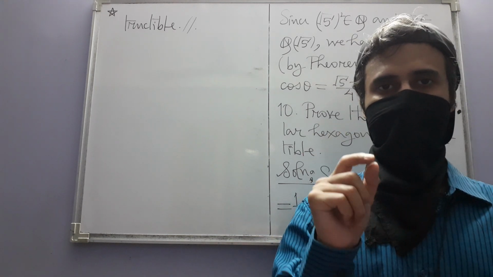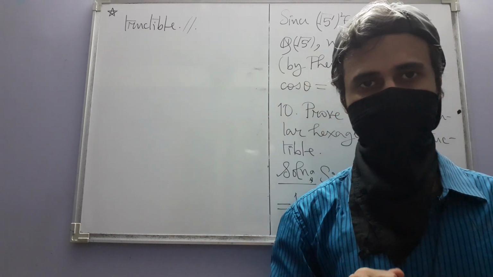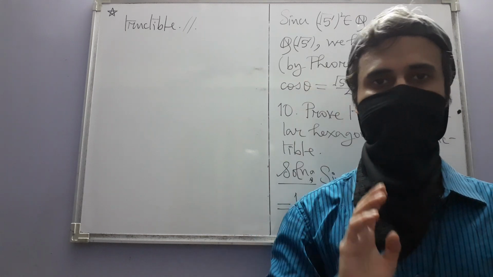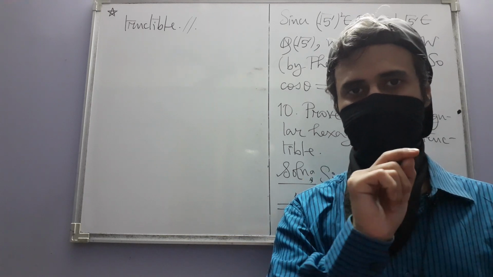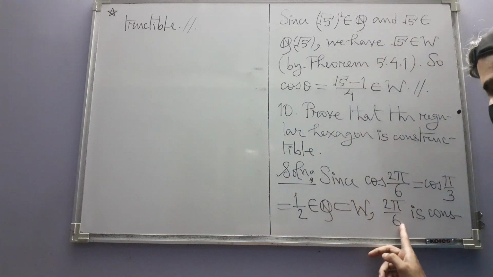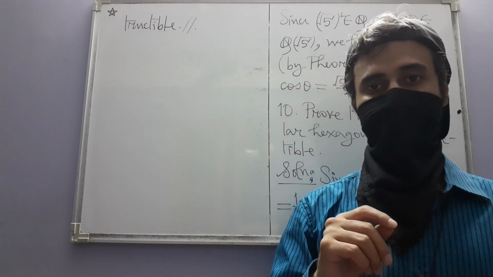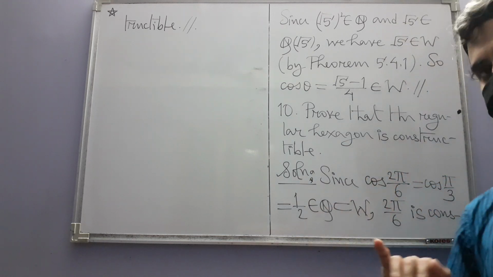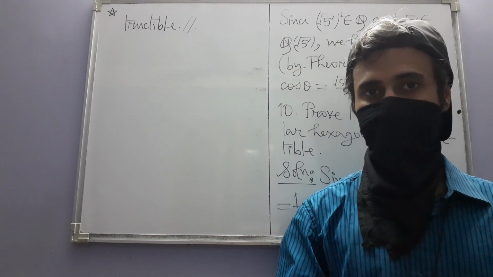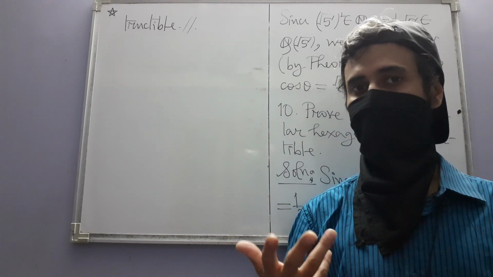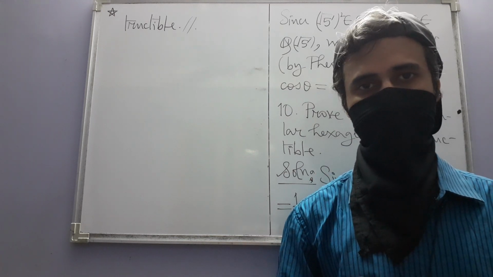So you can imagine that those lines are emanating from the central point of the hexagon and meeting all the vertices of the hexagon. So each internal angle that you get is 2 pi over 6, because all of them will be equal. Now we have proved that that angle is constructible. So using straightedge and compass you can construct that angle. But then from that angle, how can you construct the hexagon? That question is there, but I leave that question to you to figure out.